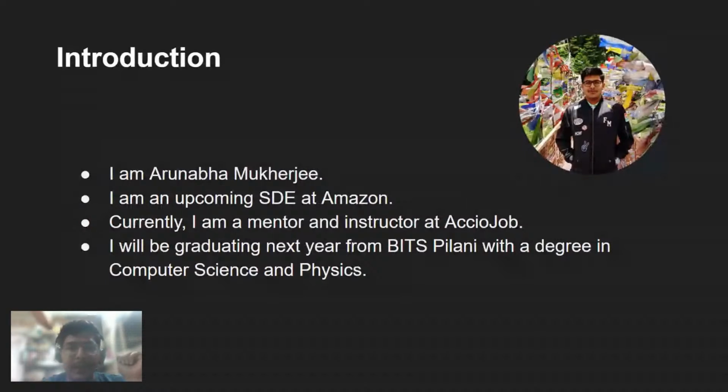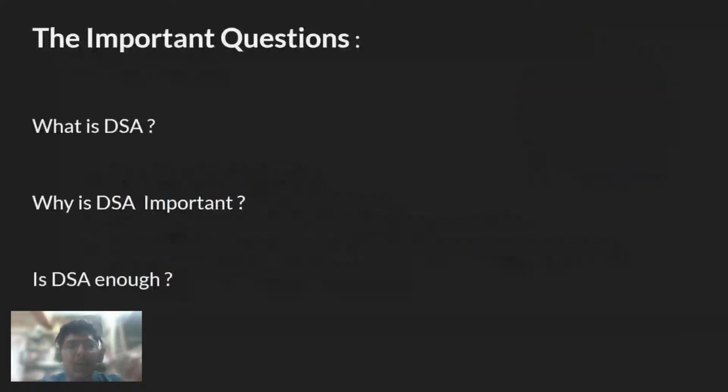Let's move on to the main focus here, which is DSA. So, what is DSA? When you start your journey of getting placed at the top tier companies as a software engineer, everyone tells you to do DSA, solve DSA questions. But the first important question that comes to mind is what is DSA? DSA is basically data structures and algorithms.